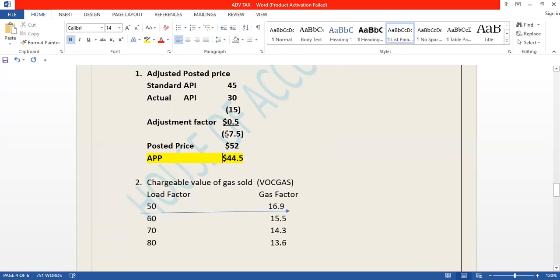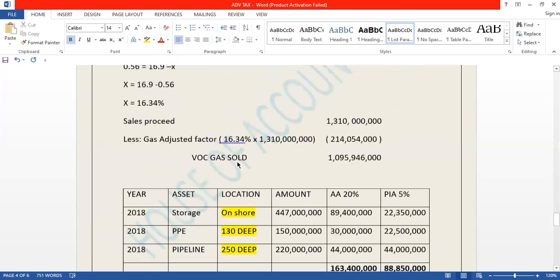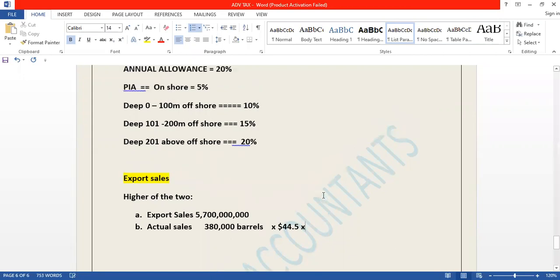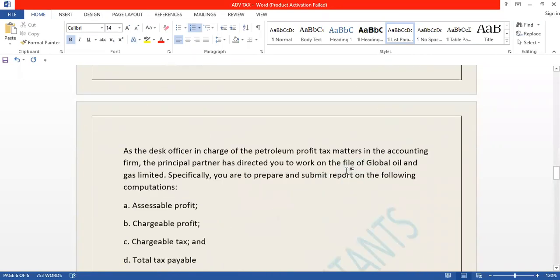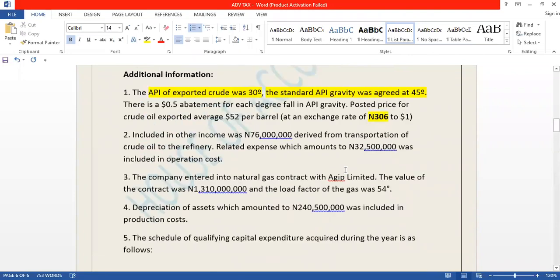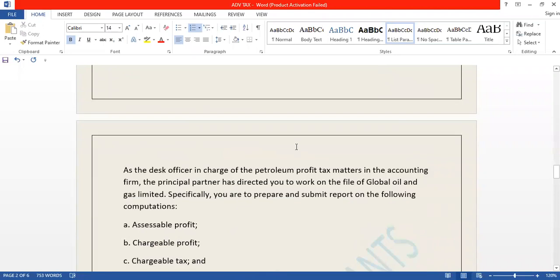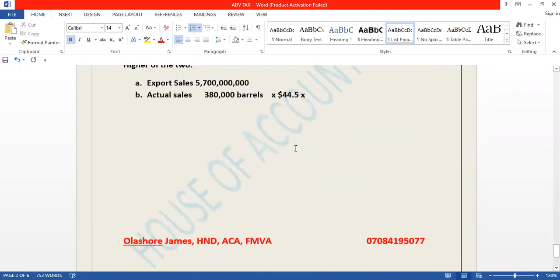These figures are in dollars, which is the export aspect of it. So we have 44.5. Let me put it in dollars. 44.5. Then multiply by the dollar rate based on the notes given to us. The dollar rate is 306 to $1. So it means 44.5 multiplied by 306.